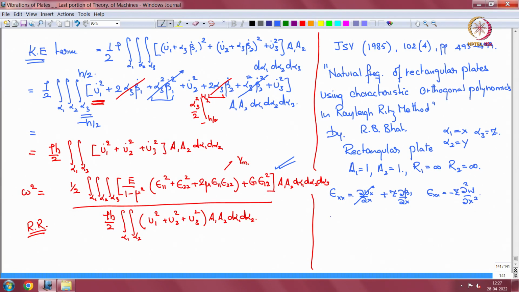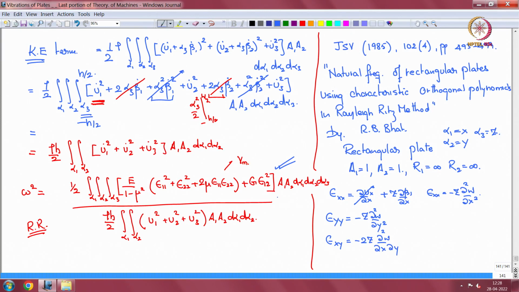Similarly, epsilon yy becomes minus z del 2 w by del y square, and epsilon xy becomes minus 2z del 2 w by del x del y.